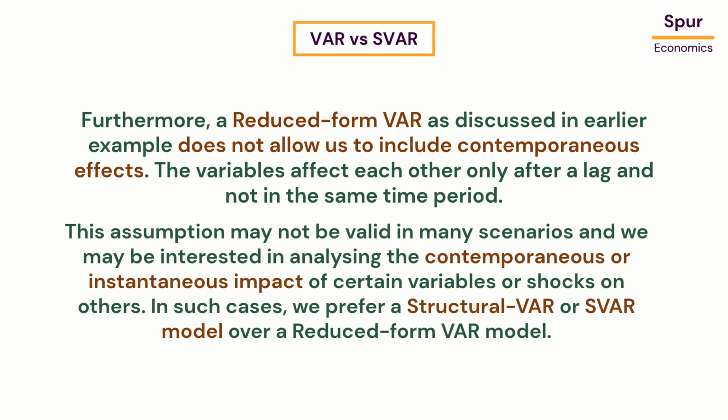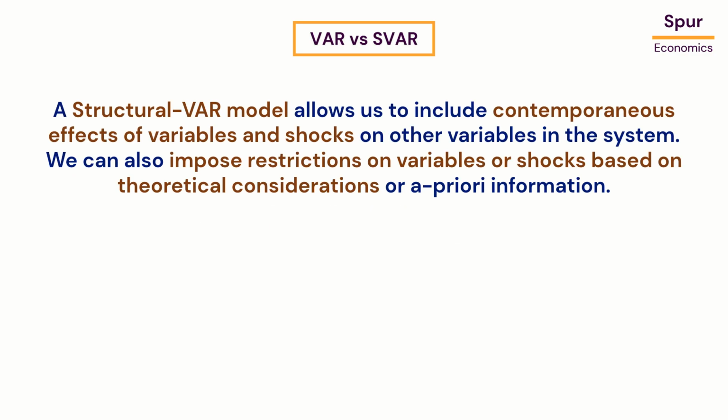This assumption may not be valid in many scenarios, and we may be interested in analyzing the contemporaneous or instantaneous impact of certain variables or shocks on others. In such cases, we prefer a structural VAR or SVAR model over a reduced form VAR model. A structural VAR model allows us to include contemporaneous effects of variables and shocks on other variables in the system.